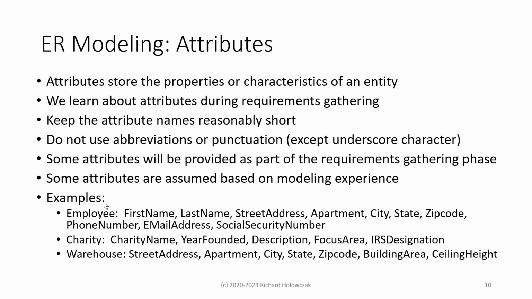If we have an entity called a warehouse, again, we might have a street address. Probably we wouldn't have apartment. Not sure how that got in there. City, state, and zip code. Maybe a building area like the square footage, and possibly a ceiling height. It might be important to know how tall the ceilings are. These are all just examples of attributes.